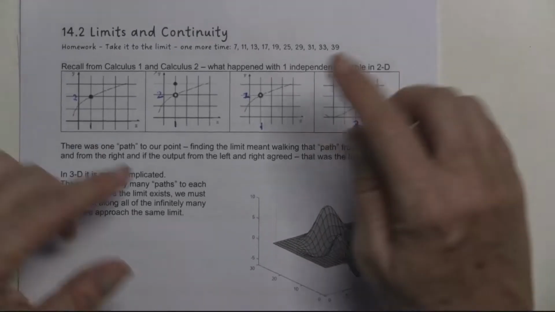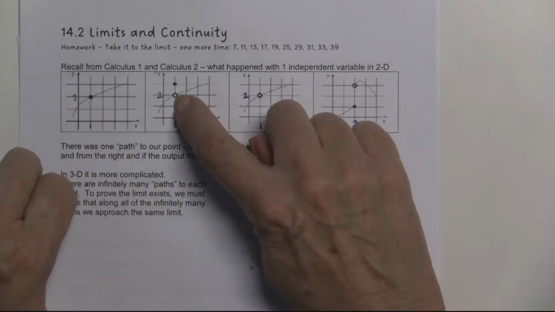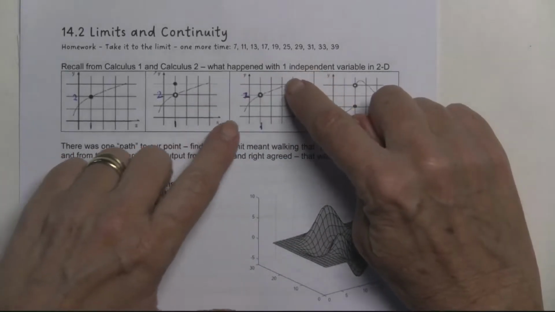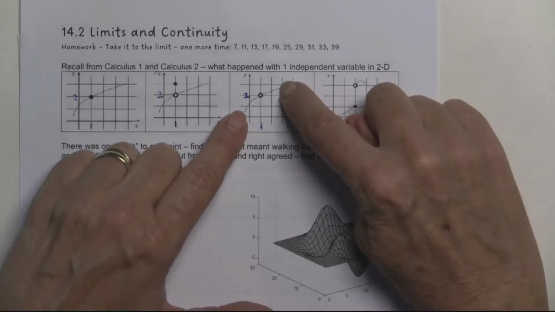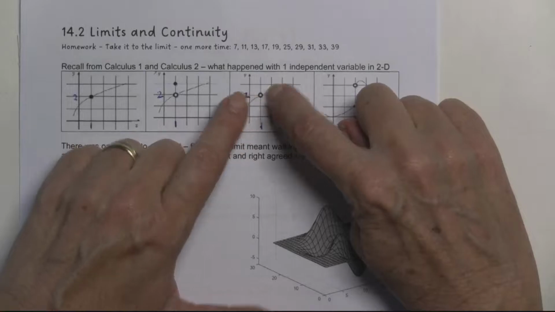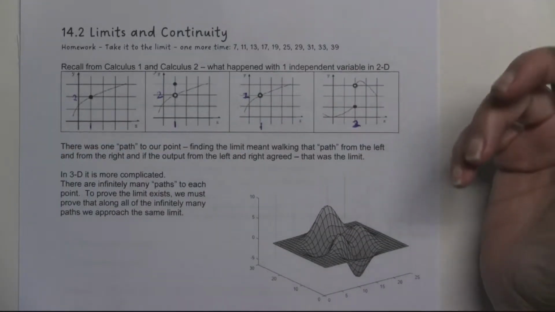It did not matter if it was defined at the point, or not defined. Well, I guess this is defined at the point, but not defined to be the limit. And the same here: this is getting closer and closer from the left and the right, just that one path, to the output 2.